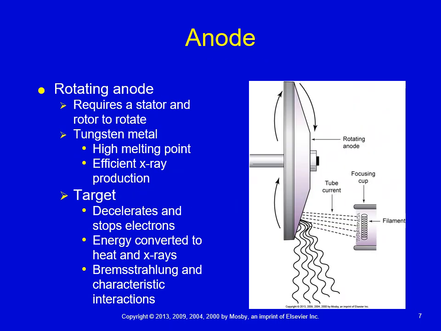All right, now we're moving on to another part of the X-ray tube itself, and that is the anode. So the anode is the positive electrode. In terms of anodes, there are typically two types: we have a stationary anode and we also have a rotating anode.